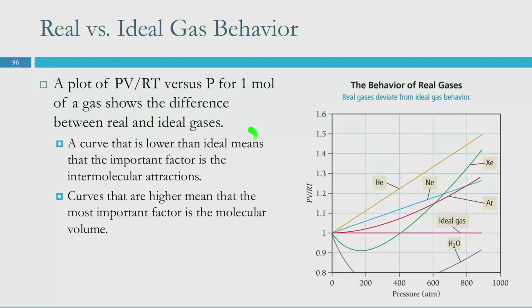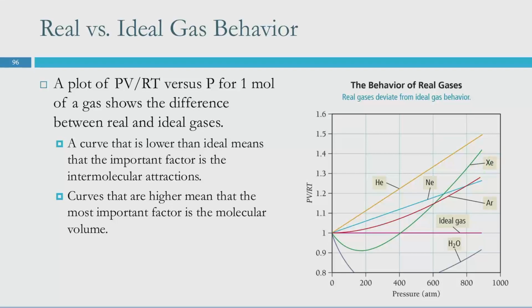If we've got a curve that is lower than ideal, so if it's below, then that means that the most important factor is intermolecular attraction, so they're sticky molecules. So things like water, which has really high intermolecular forces because it has hydrogen bonding. H2O has really strong intermolecular forces, and so we see that it is lower than our ideal gas at all pressures that we're looking at, at least.